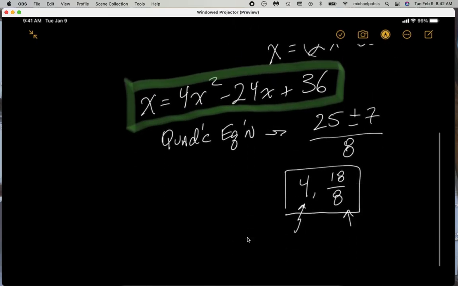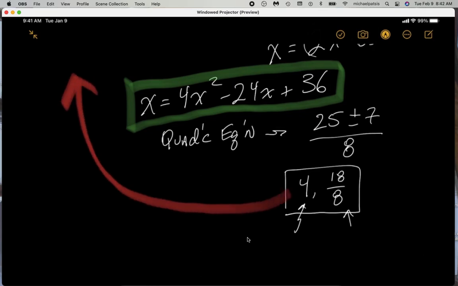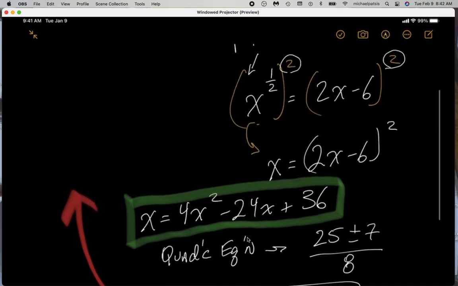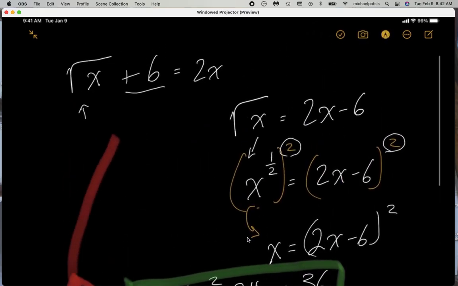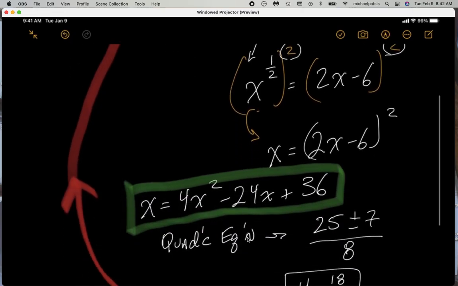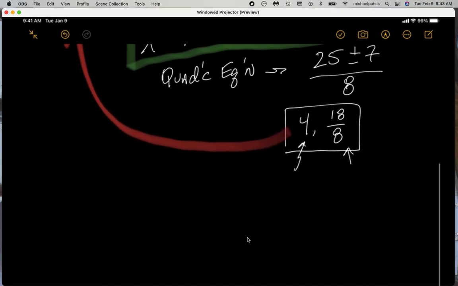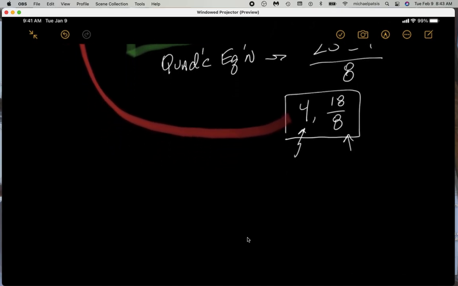You have to plug these all the way back up into the original equation. And you'll find that on occasion, you have introduced an extraneous solution. So let's plug both of these in.